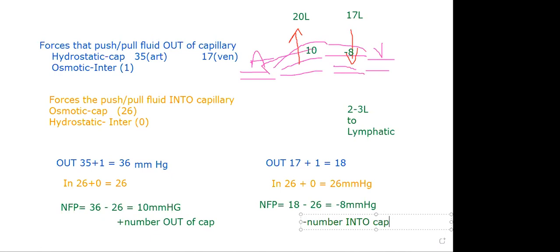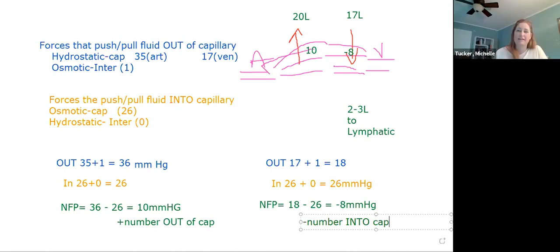What was the number again? -7. Venule. Correct. Okay. So we have positive numbers on the arterial side. We have negative numbers on the venule side. We have fluid moving out on the arterial side. We have fluid moving in on the venule side.